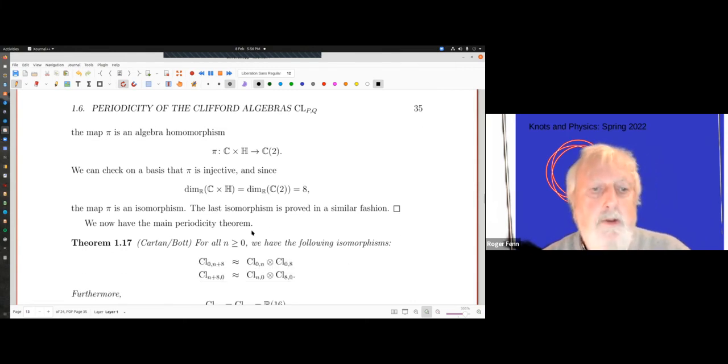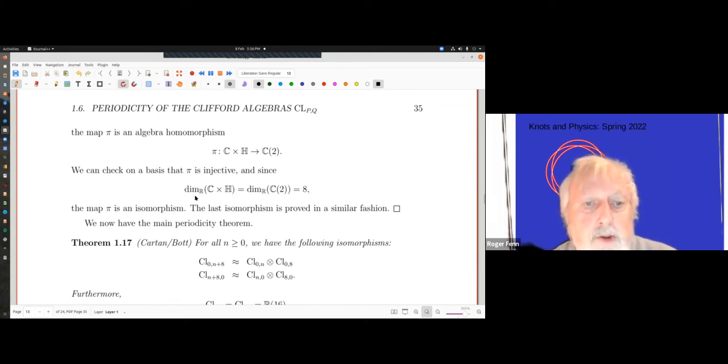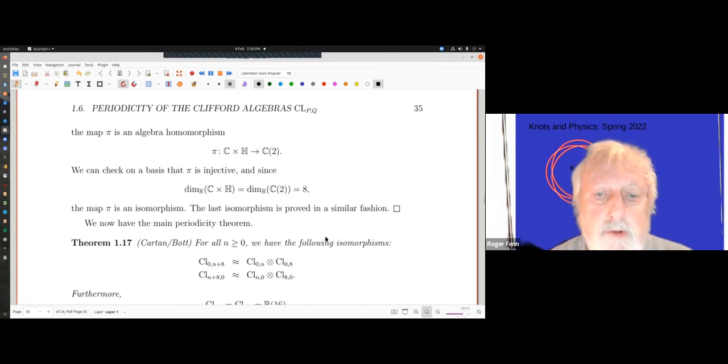So then we can put all these results together. The dimension of C tensor H over R is 8, so this is 2 by 2 complex matrices.